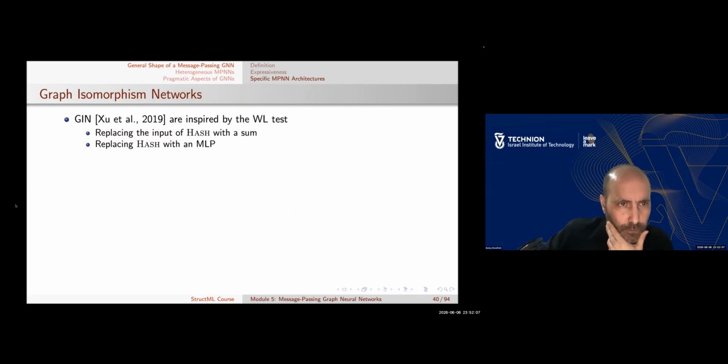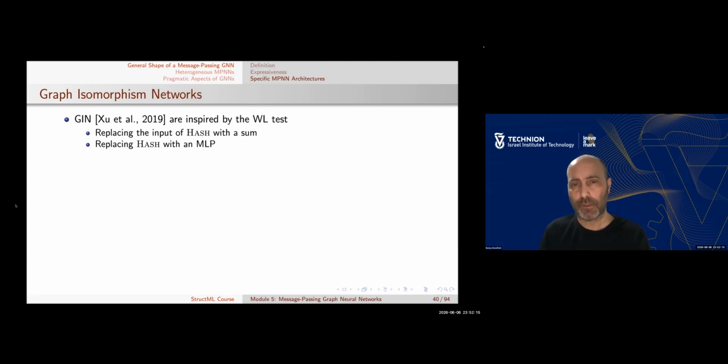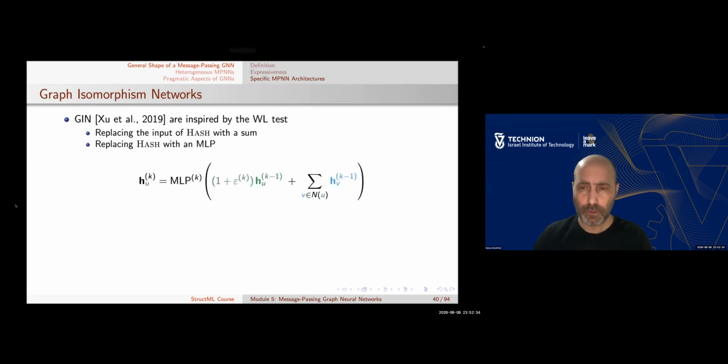Here's another network, GIN, Graph Isomorphism Network. This is basically inspired by the Weisfeiler-Lehman test, but a simple, smooth, differentiable version of that. Instead of the bag, we use a sum. Instead of the hash, we use an MLP. So it looks like that.